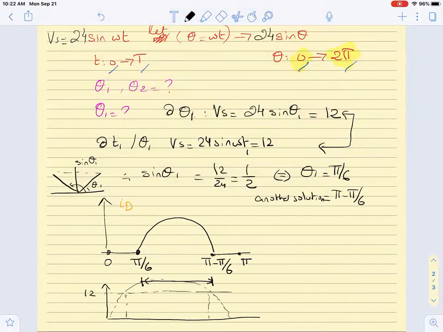If this is 12, the intersections happen at this point and this point, which is when 24 sin omega t is equal to 12, or when 24 sin theta equals 12. We find the value for theta 1 and the value for theta 2 when looking from zero. At those theta 1 and theta 2, conduction will start and conduction will end. And therefore the conduction angle is between both of them.